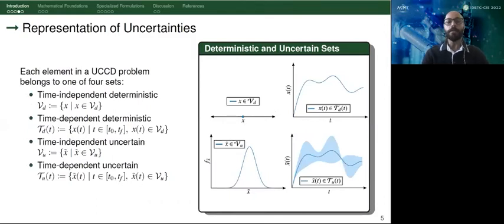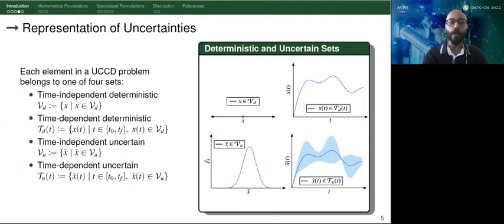Now, before we step into discussing the UCCD formulation, it is important to know the type of variables that we might encounter in a general UCCD problem. Here, you can see 4 types of variables. We might have time-independent and time-dependent deterministic variables. Those are the ones that are illustrated on the top row of the figure.